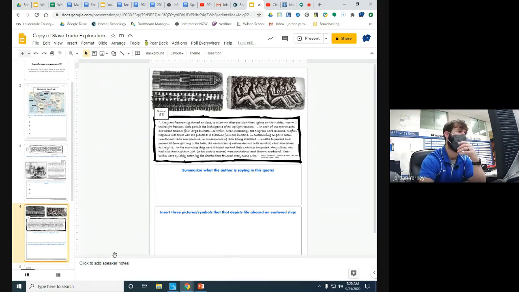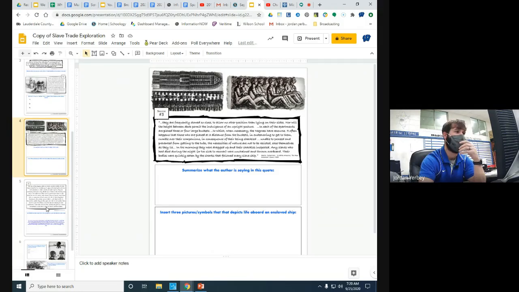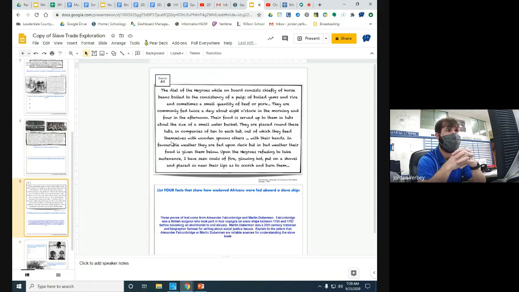Okay, and then your fourth source is talking about what they ate and some of the activities that went on the ship as well, some things that they did as long as they were on these ships on the Middle Passage. So you need to list 4 facts. Remember, facts are things that are concrete that you can prove, things that for sure they did each day.